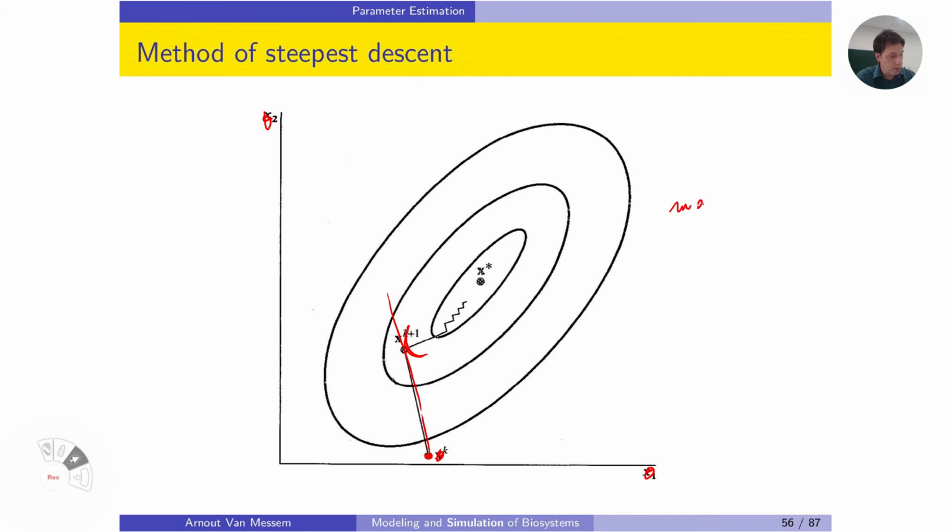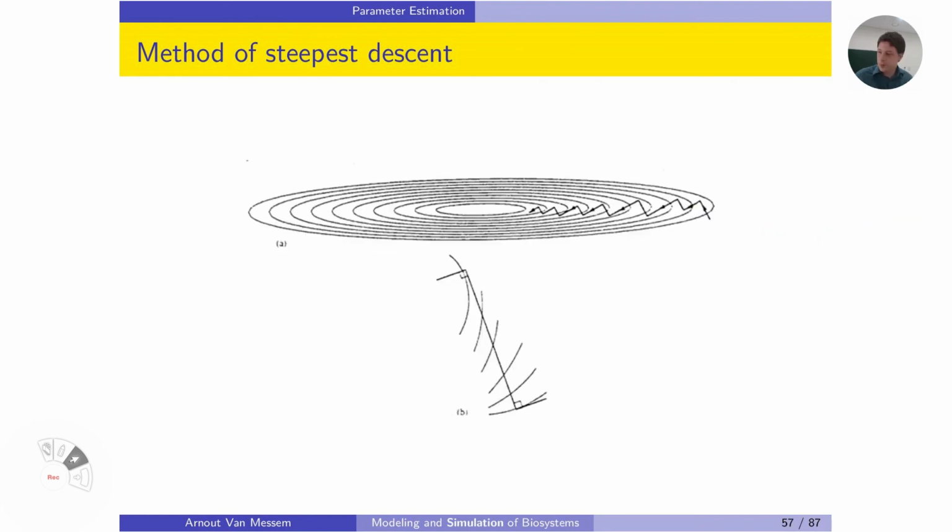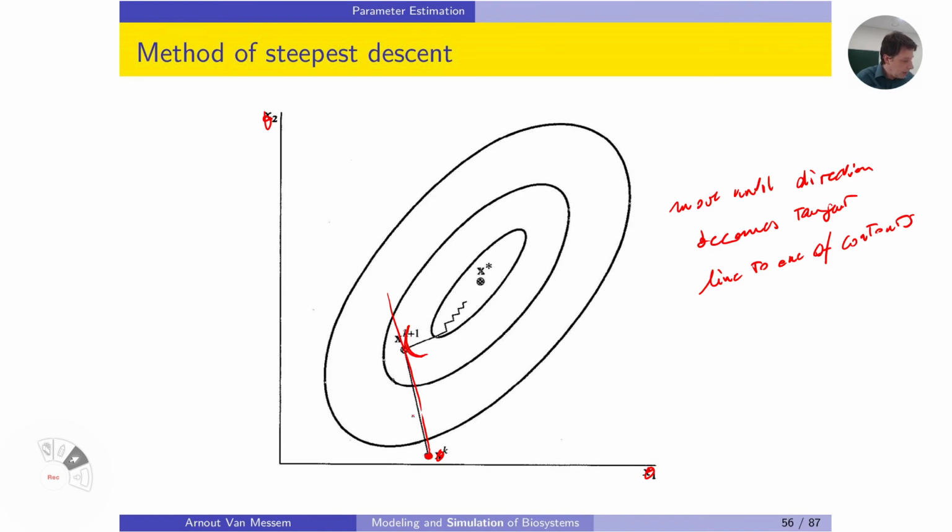So I move until the direction becomes a tangent line to one of the contours. Why? Because in this case, the value of my objective function is descending here until this point.